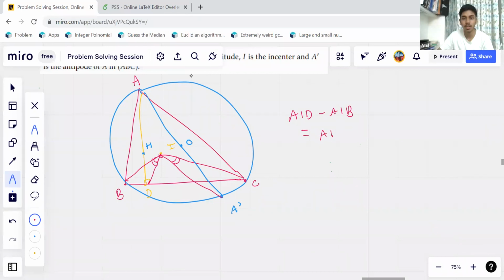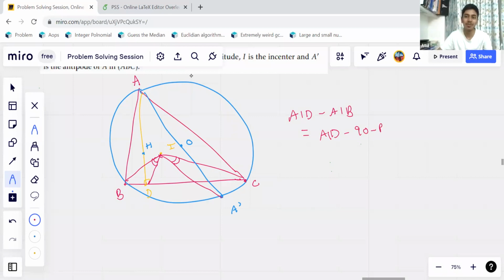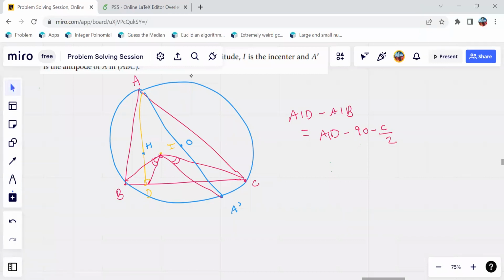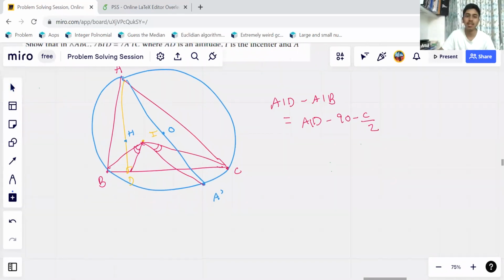This is AID minus 90 minus C by 2. But why is AID nice? After inversion, it's A dash IA.